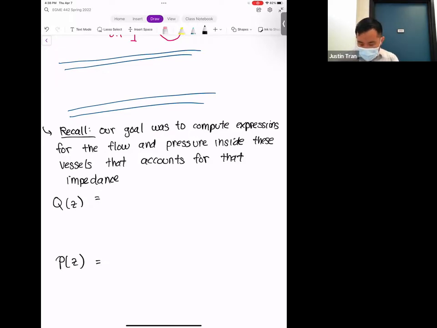And from the last class, we stopped in the middle of applying boundary conditions to these.